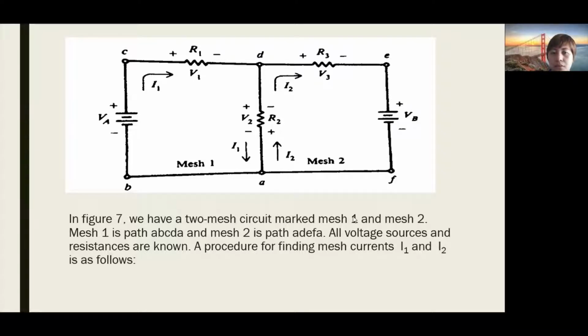So as you can see in the figure, a procedure for finding mesh currents I sub 1 and I sub 2 is as follows.